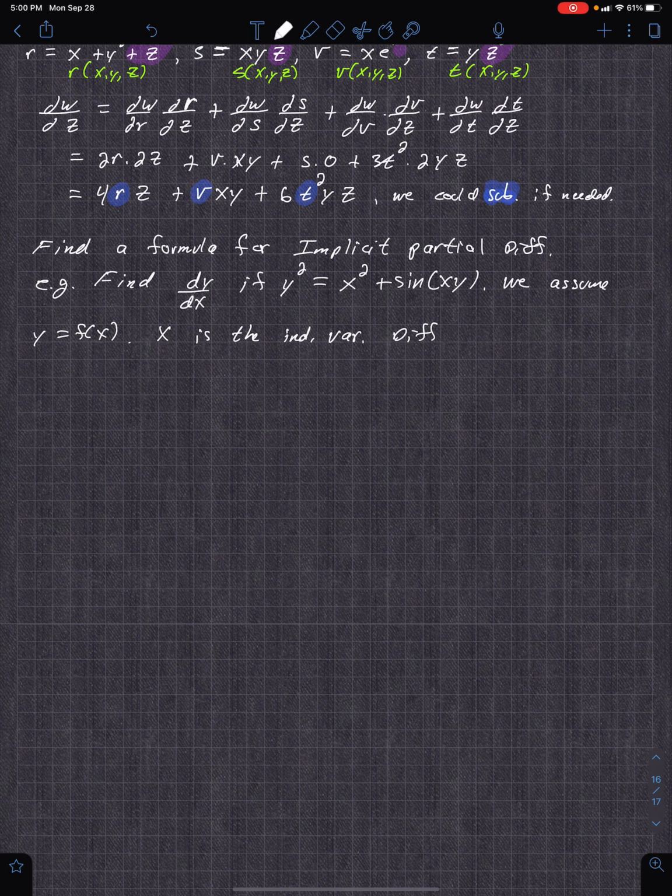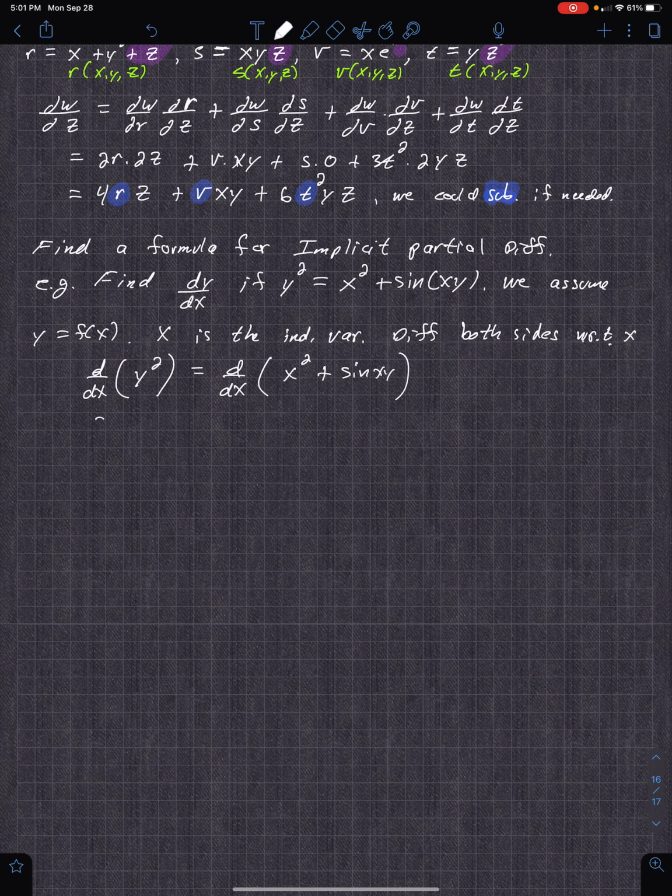So x is the independent variable. What you do when you do implicit differentiation is differentiate both sides with respect to x. So we say d dx of y squared is equal to d dx of x squared plus sine xy. When you see y, you have to say y prime.